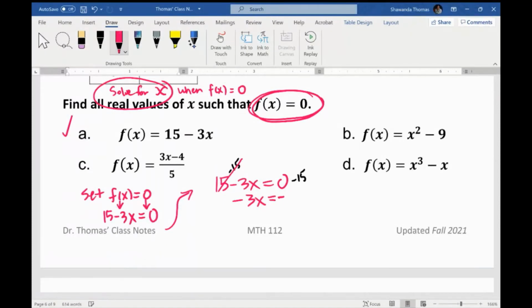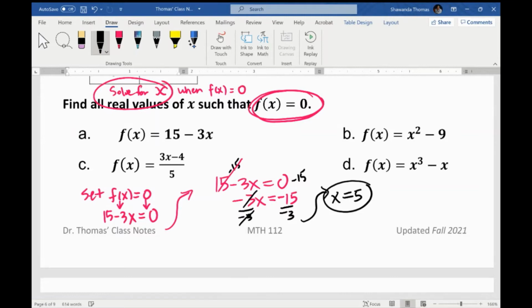Then divide by negative 3 on each side. That cancels, and x equals 5. Done with A. All we're doing is setting f of x to 0 and solving for x. It sounds fancier than that, but that's all we're doing for these.